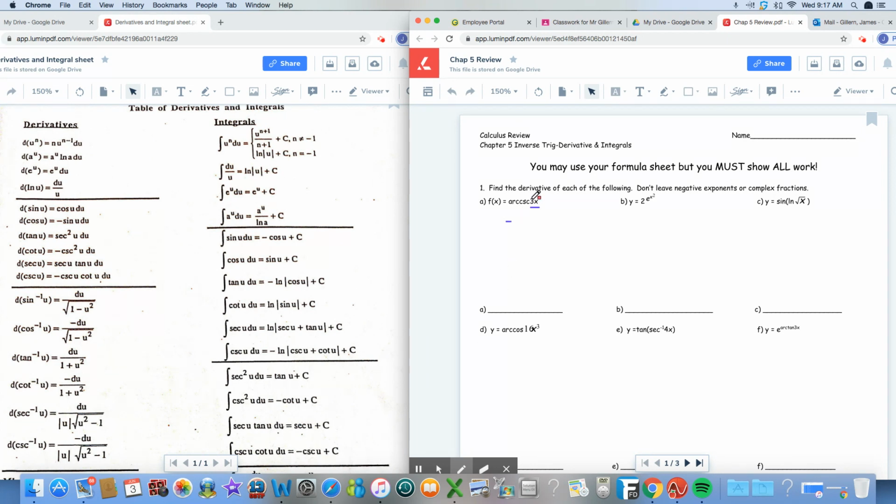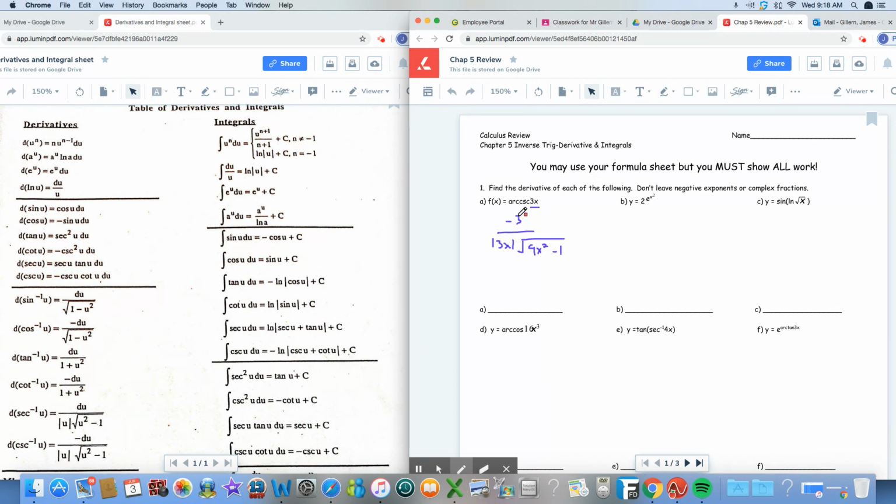So negative, what's the derivative of 3x? 3 over the absolute value of u, which is 3x, over the square root of u squared, which is 9x squared minus 1.